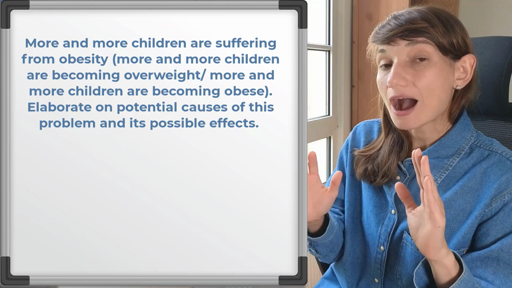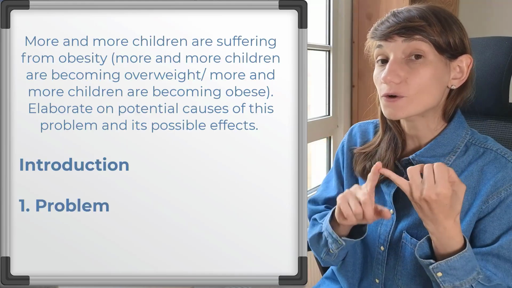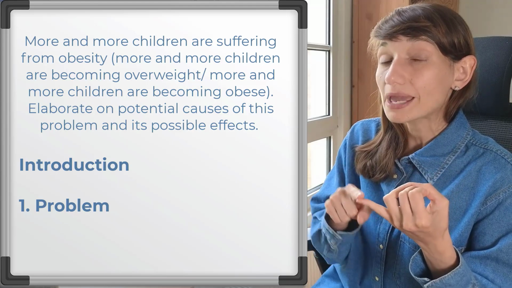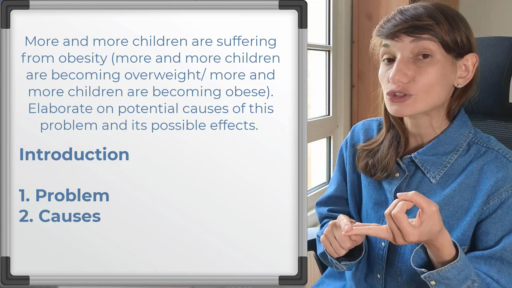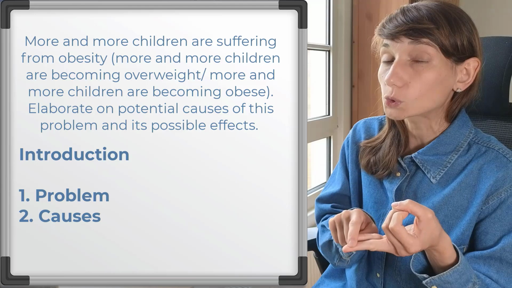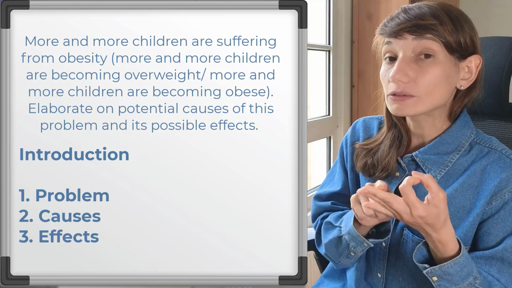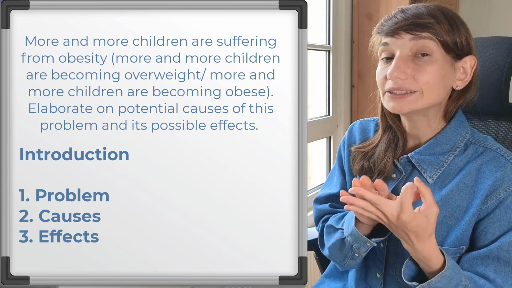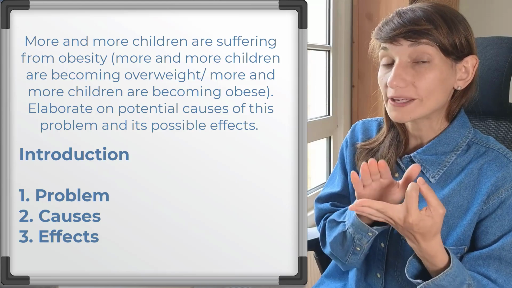Now, when we have a cause and effect essay in the introduction, in the first sentence, we need to mention the problem. We need to paraphrase it. In the second sentence, we need to mention something about the causes, be as specific as you can. And in the last sentence, or it can be just 2 sentences, but the last idea that you need to have in your introduction is about the effects.